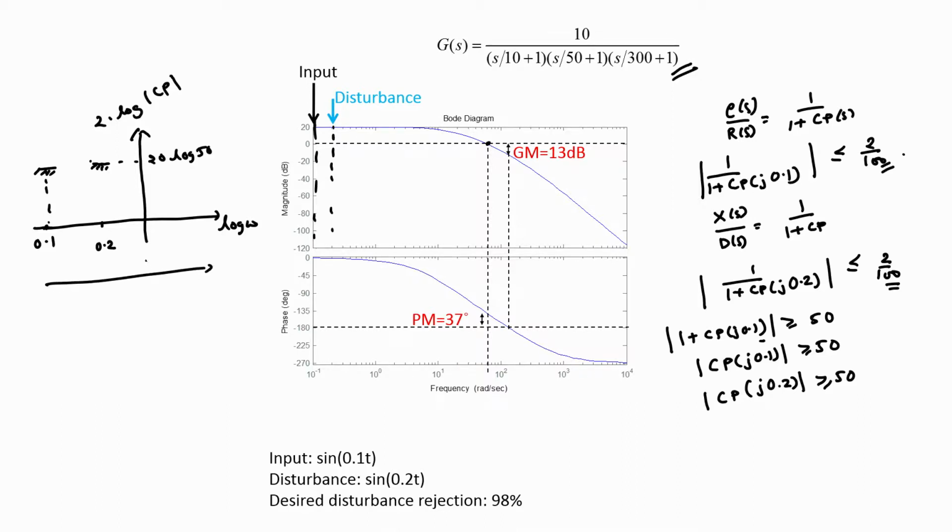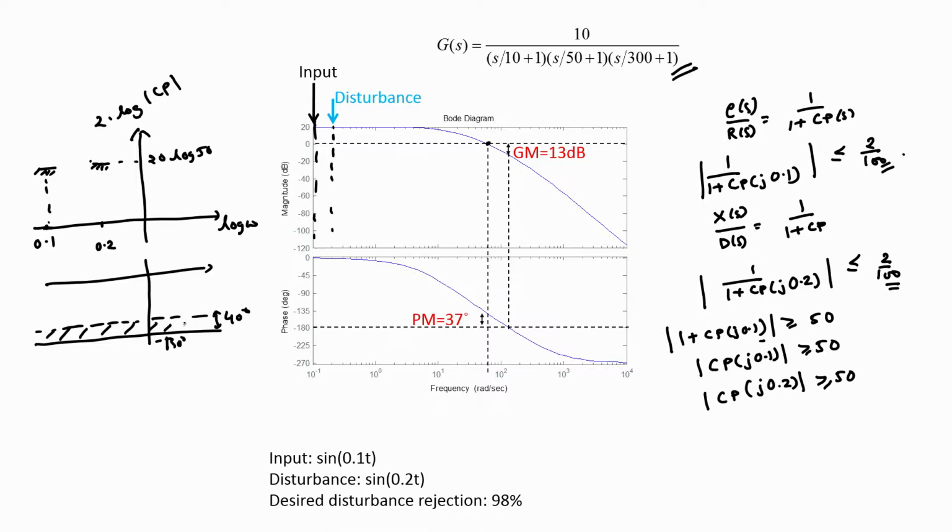As far as the phase characteristics are concerned, we have specified for ourselves a certain phase margin of 40 degrees. So, if this is minus pi or minus 180 degrees, then I shall draw a band here of width 40 degrees.